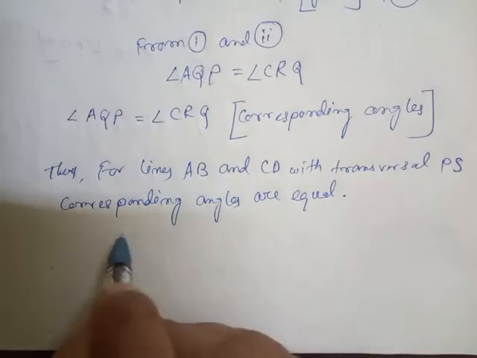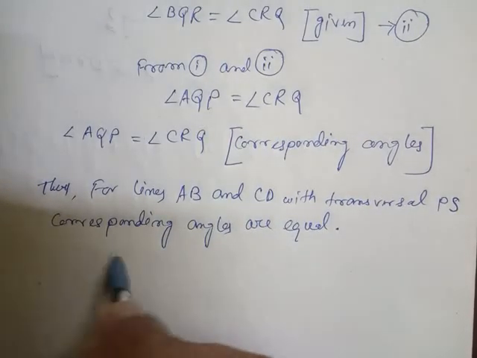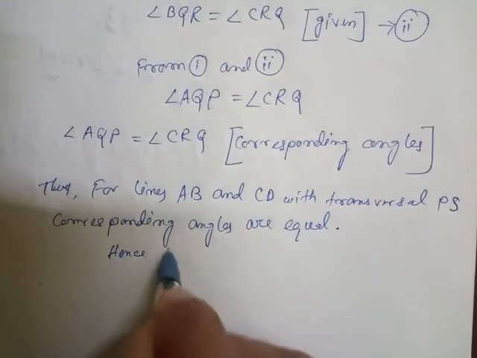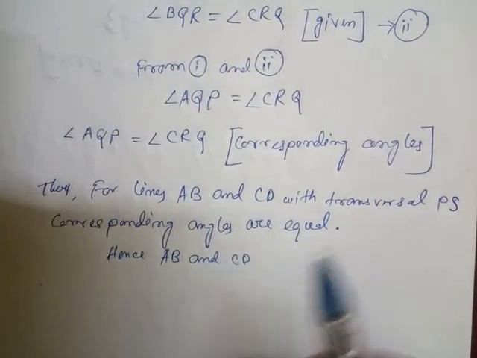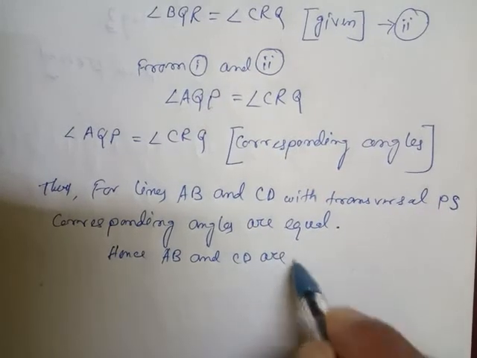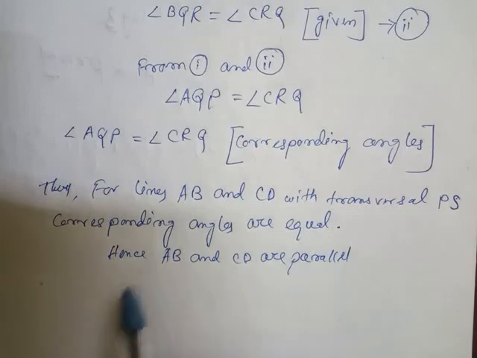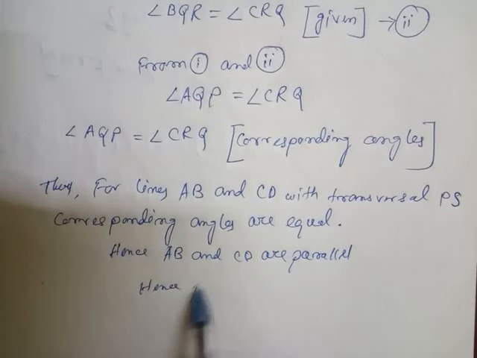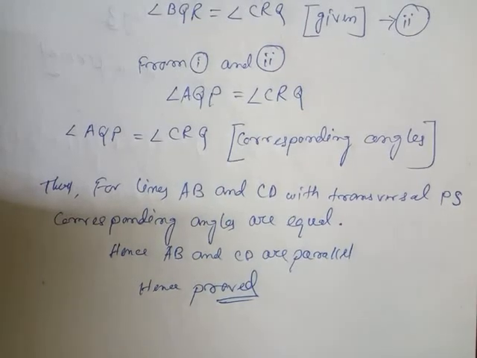So students, we can say that hence AB and CD are parallel. AB and CD are parallel. Hence proved. This is our theorem 6.3.